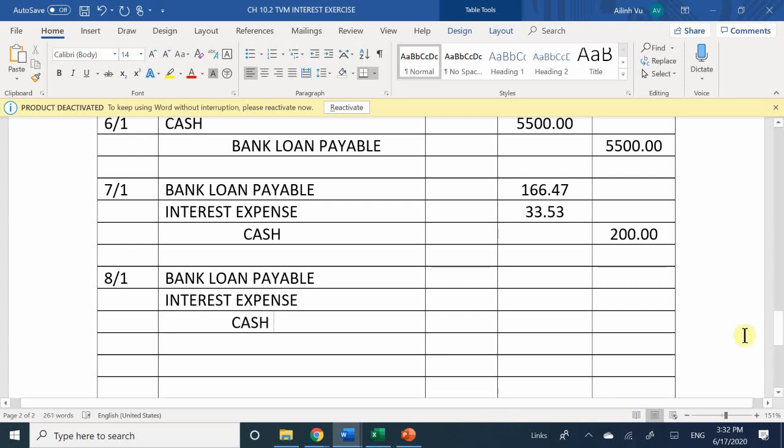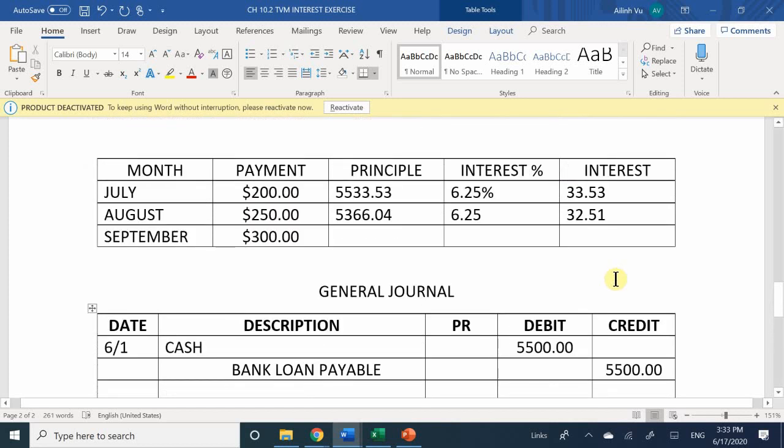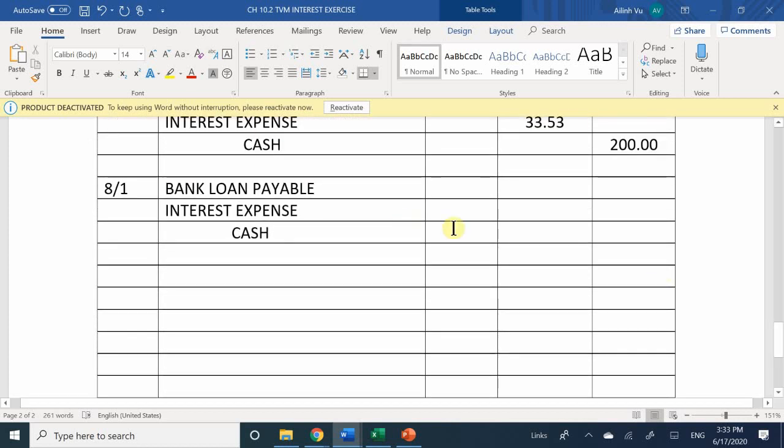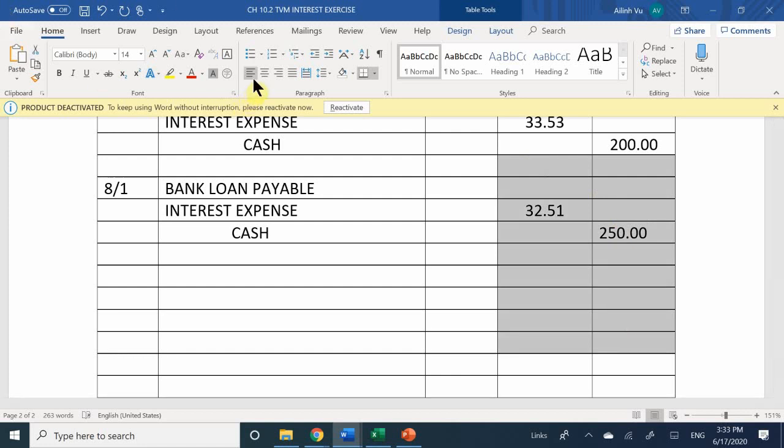If I know that I paid a total of $250, and my interest was $32.51, how much of that is actually going into my actual bank loan?